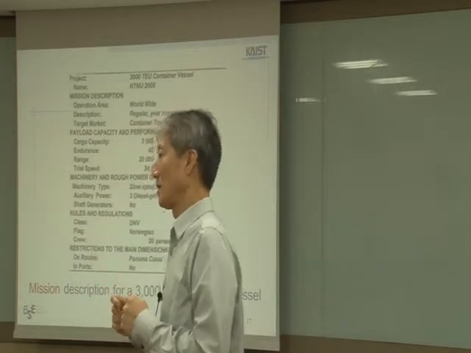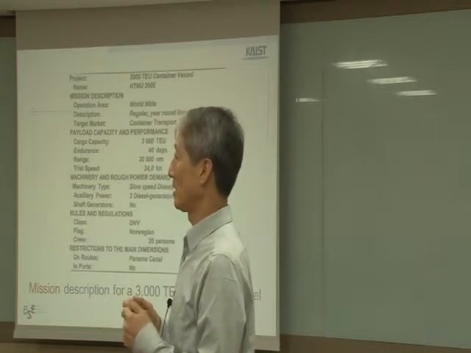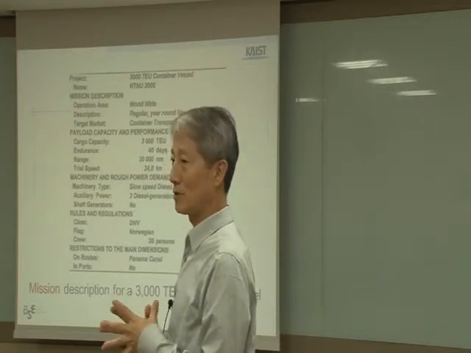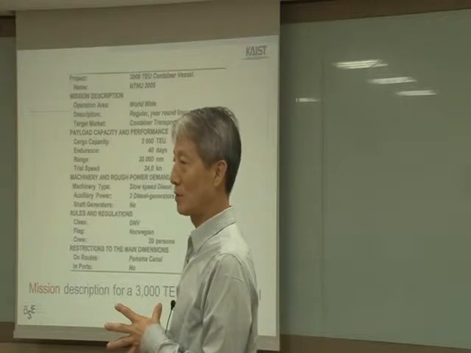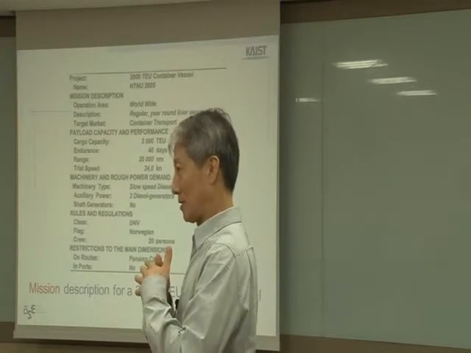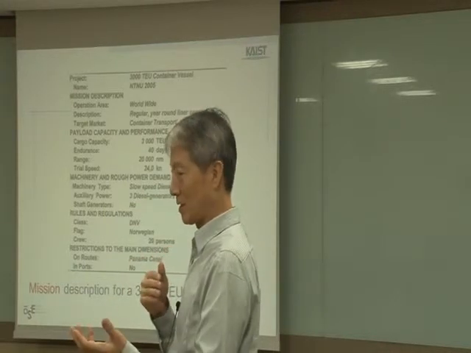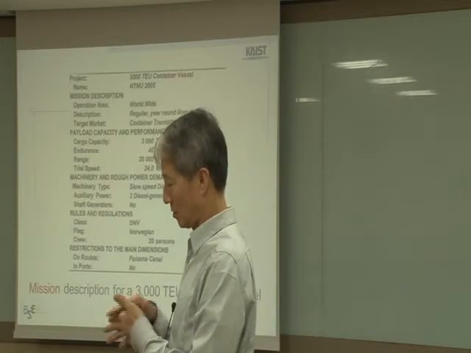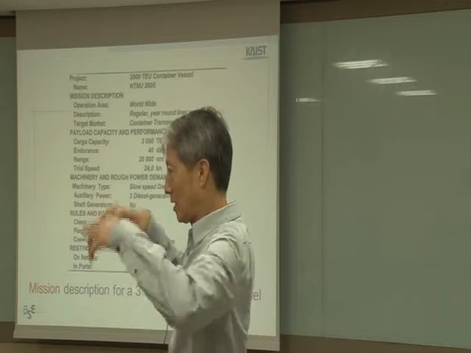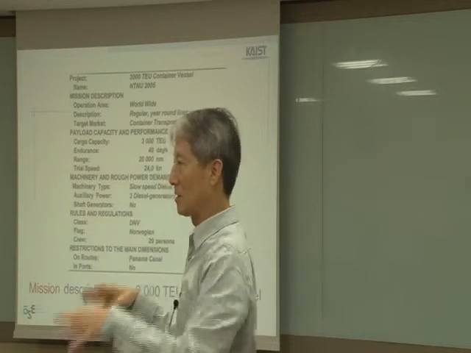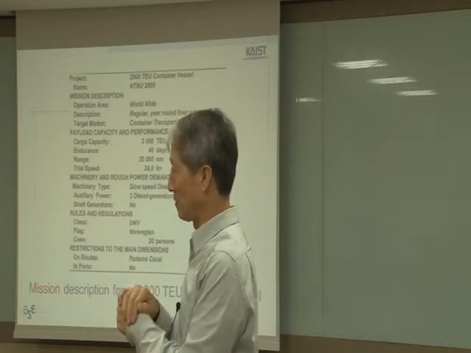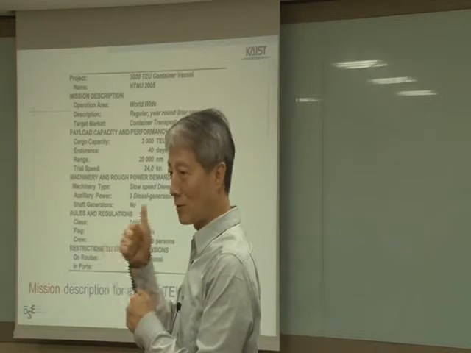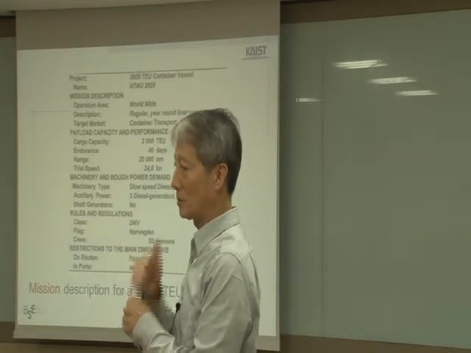But trial speed, when you finish constructing the ship, there is a contract between owner and builder, right? So the ship should have these kinds of properties and characteristics. One of the most important items is speed, right?